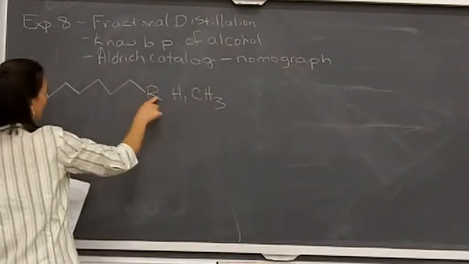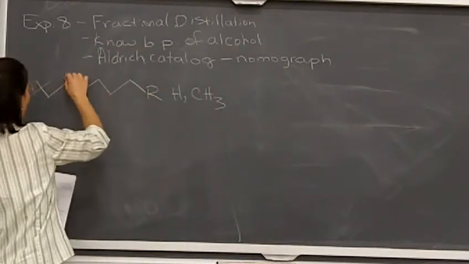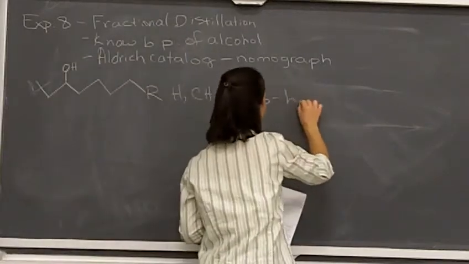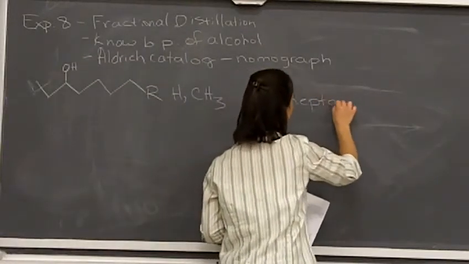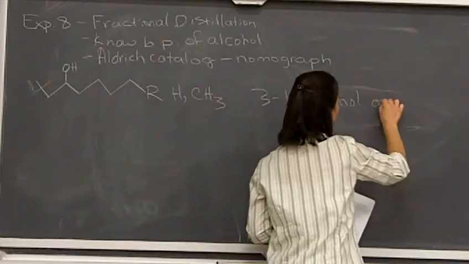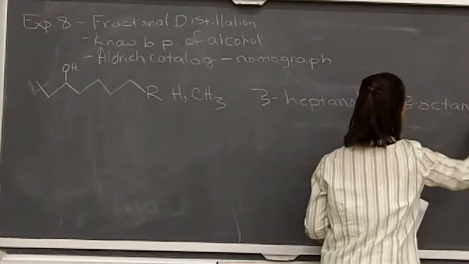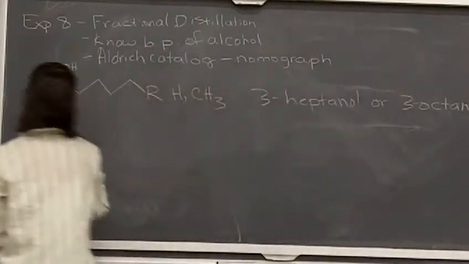That's what this guy would be. R is H for the heptanol or CH3 for the octanol. Or you are making a 4-heptanol and 4-octanol.